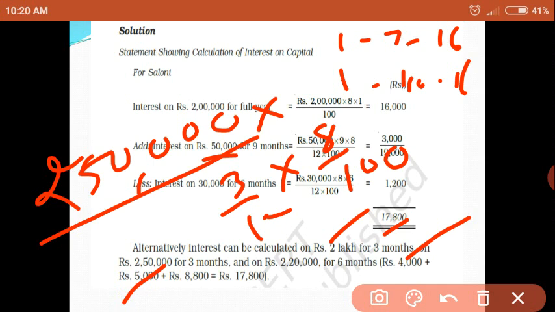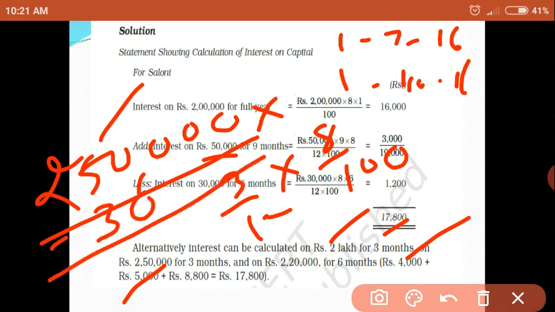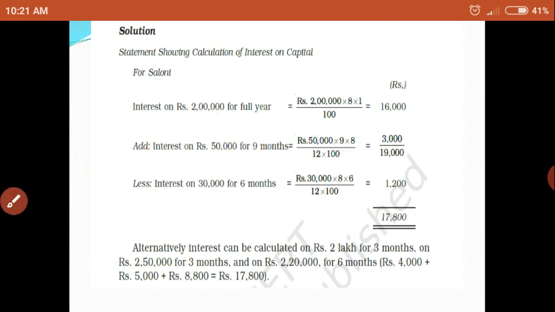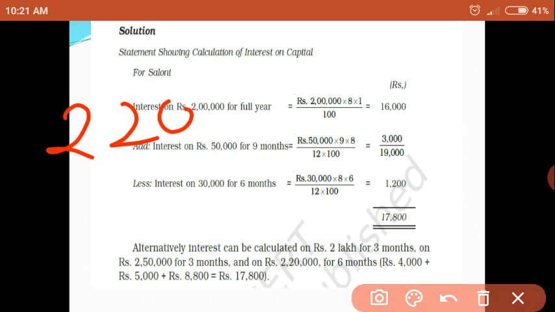And already we have 2,50,000 capital in the business, but from this 2,50,000 capital, Saloni has withdrawn rupees 30,000. So you have to deduct this: 2,50,000 minus 30,000 is equal to 2,20,000.